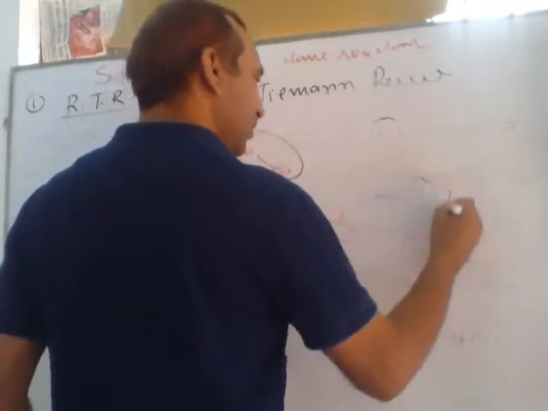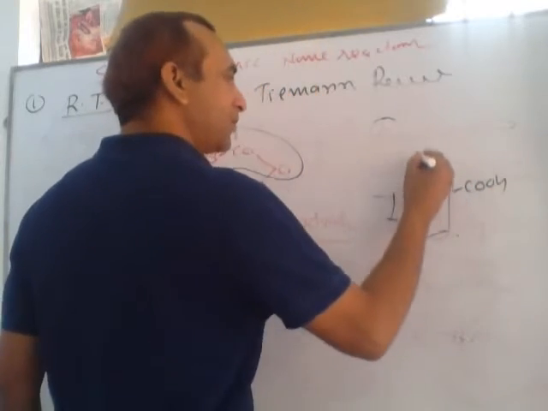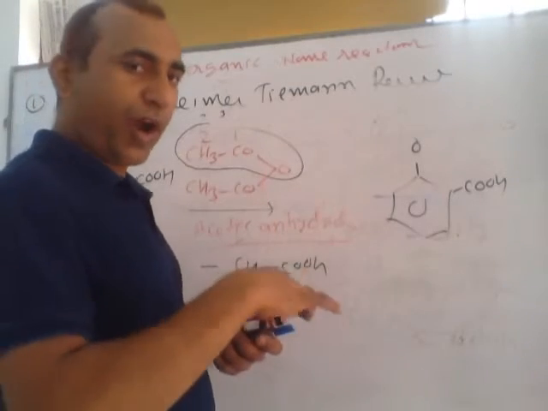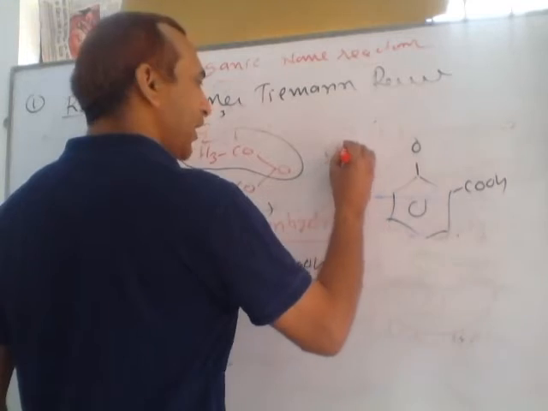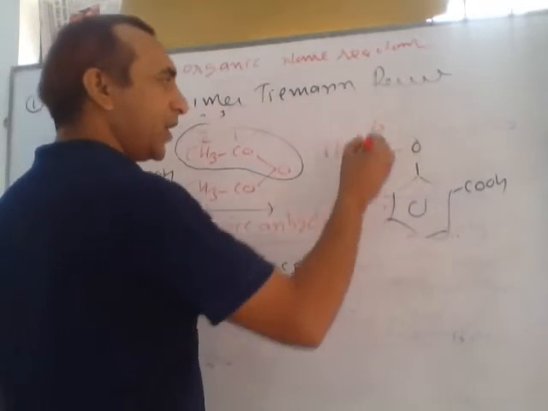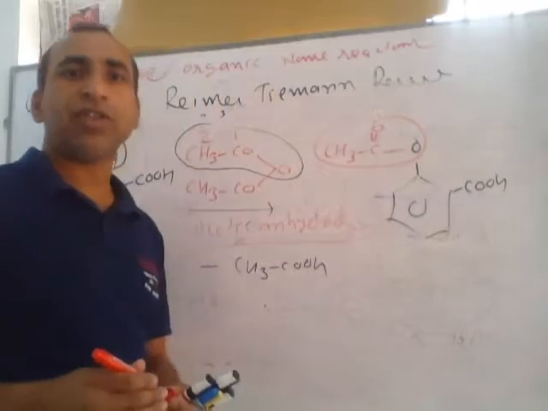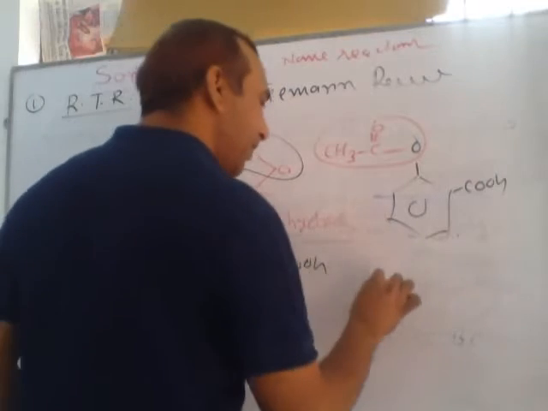This is benzoic acid, here oxygen, and instead of hydrogen the remaining group CH3C double bond O is joined. This is called acetyl salicylic acid, otherwise acetoxy salicylic acid. But in general, this is called aspirin.